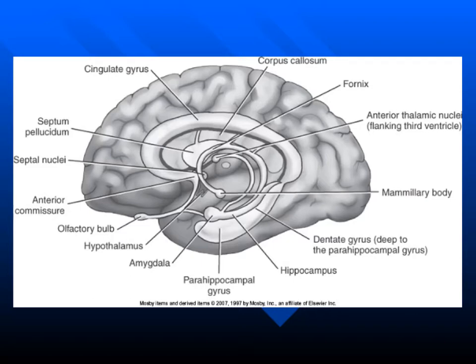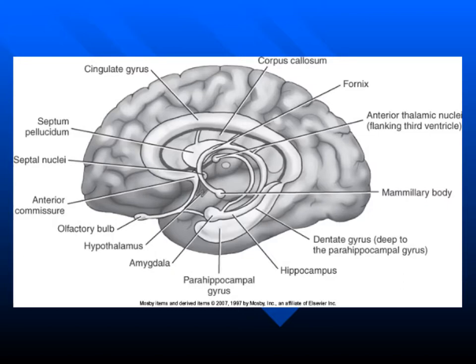They have pathways which are very critical in sending signals everywhere in the brain, but particularly the limbic system is involved with sexual behavior, memory, learning, connecting the short-term memory into long-term memory, and it's also for emotional responses.